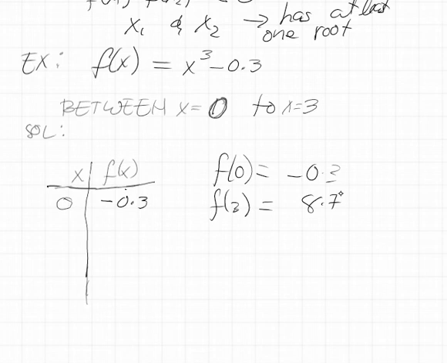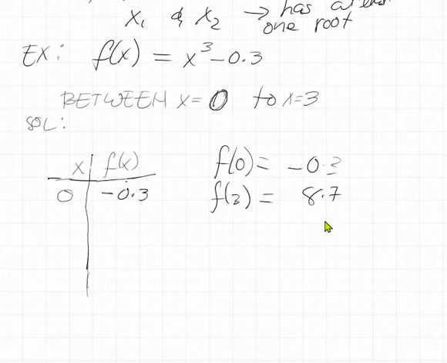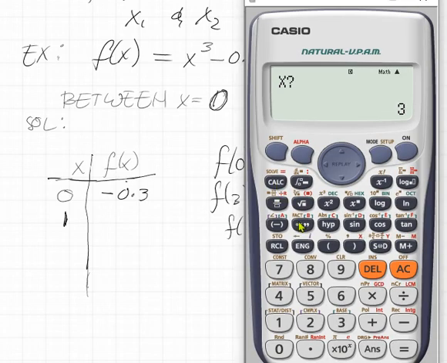So next, what we do is we decrease the interval. Instead of going from 0 to 3, we divide it into different intervals. So let's use one interval, 0 to 1. What will be f of 1? Use again your calculator, f of 1. Calc 1, enter. It's 0.7.